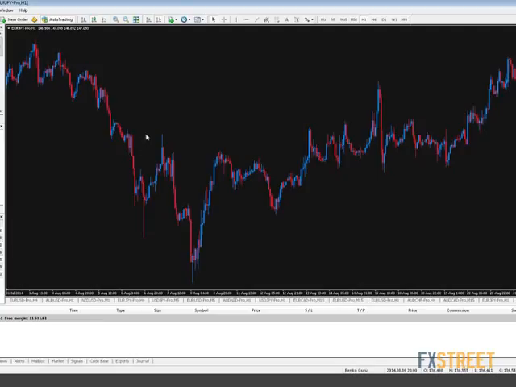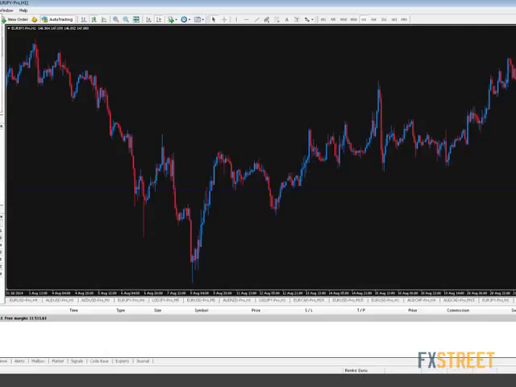Now, let's start from Fibonacci expansion or extension. So, let's see, for example, we want to enter this position here. Let's say that we have determined that our entry point is here, and we want to see where the price will go.